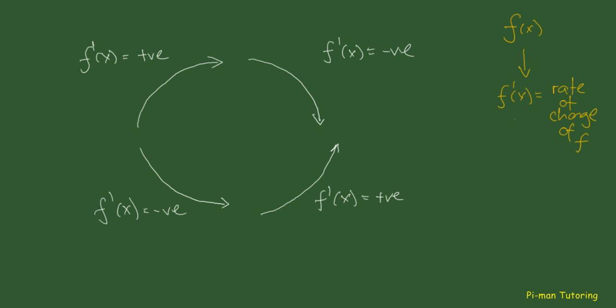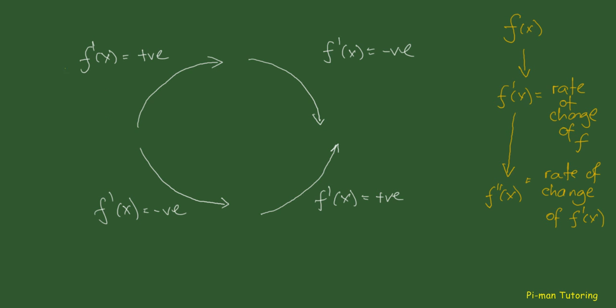And what happens if we do a derivative again, and we call that f double dashed of x? Using our same derivative rules, we're now going to get a rate of change again, but this time it's the rate of change of f dashed of x. So it tells us how the slope is changing.